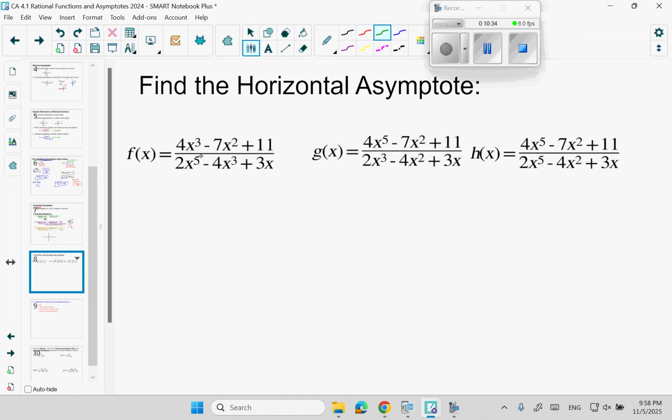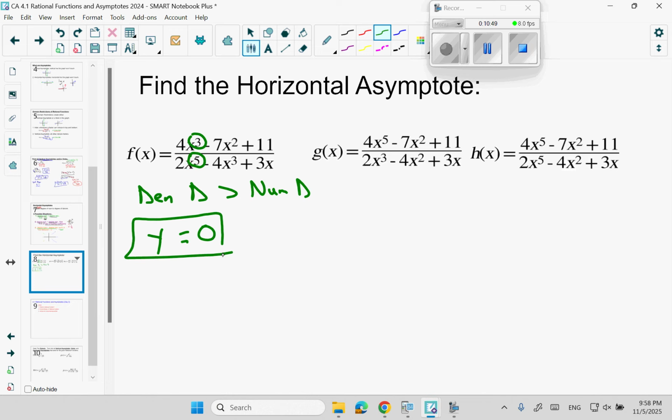Here, looking at the degree, 5 is bigger than 3. So I know that the denominator degree is bigger than the numerator degree, so it has to be y equals 0. Here, my numerator degree is bigger than my denominator degree, so there is no horizontal asymptote.